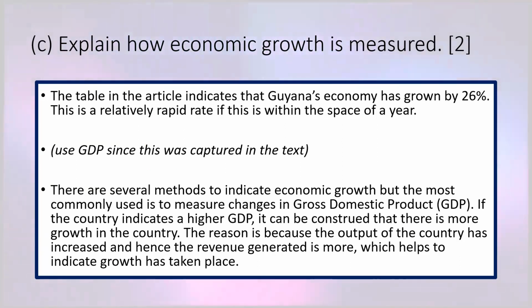It means your output, right? Okay. So I went around the thing and dug into the concept itself. If the output of the country is increased, then it's understood from here you have more revenue, you have more income. Okay, which helps to indicate that there is going to be more growth, or there has already been more growth.